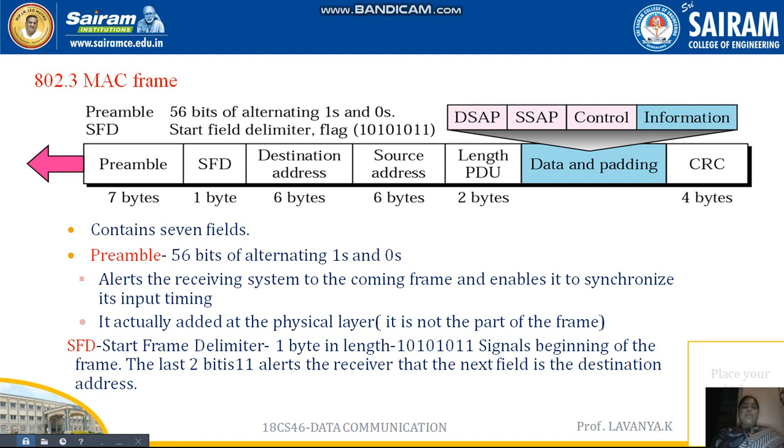At the receiver side, the receiver receives the upcoming frames, and this alternating pattern enables it to synchronize the input timing of the next fields. Whatever data is coming in at the receiver side, it is received and enabled for the next bit of input timing signals. This is our preamble method.